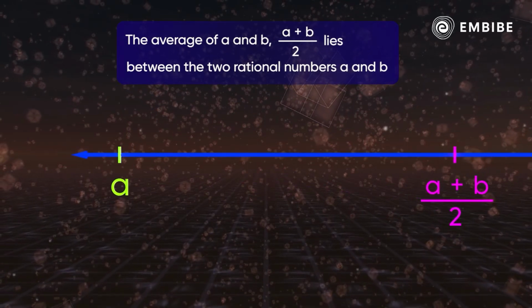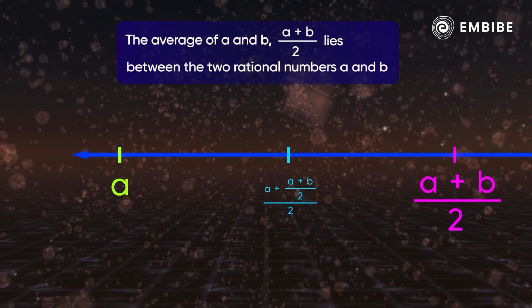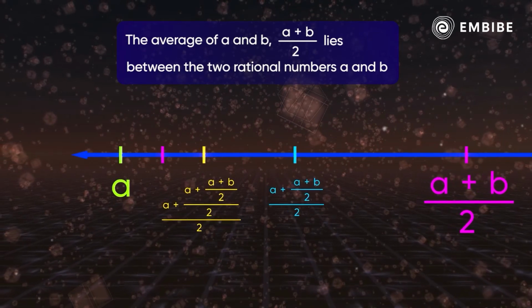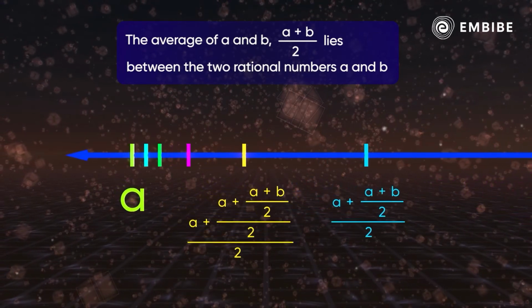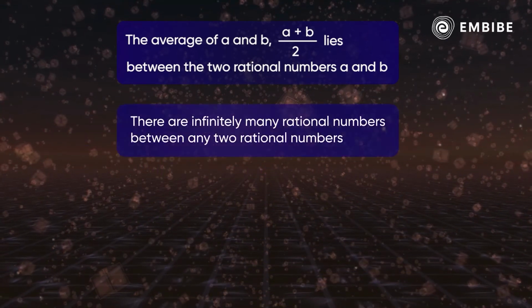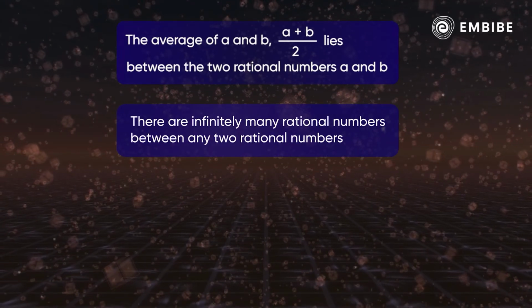Now, we can find another rational number between a and b, that is, the average of a and a plus b by 2. And this process can go on and on. So there are infinite rational numbers between any two rational numbers.